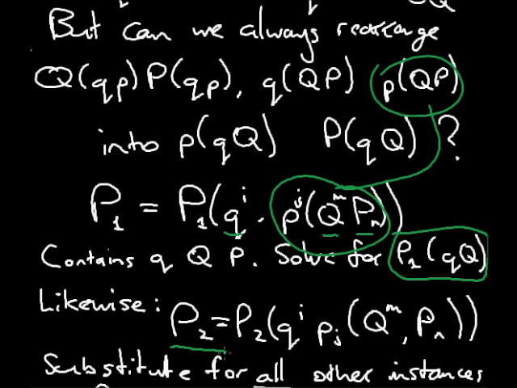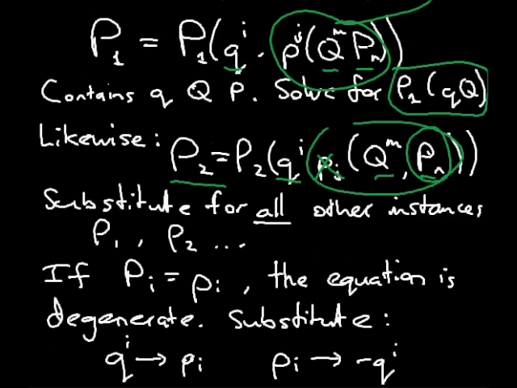Next, we move on to big P2. We substitute to remove the little p's from its equation and solve for big P2 in terms of big and little q's, and possibly some big P's, except for P1 or P2. And this can substitute for all other instances of P2, so that P2 now appears nowhere else.